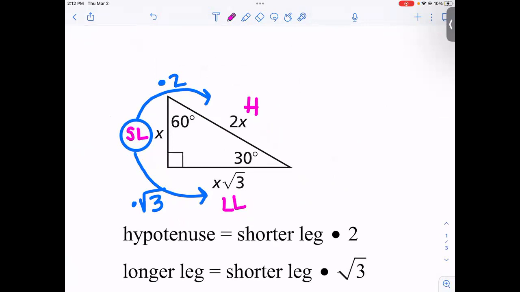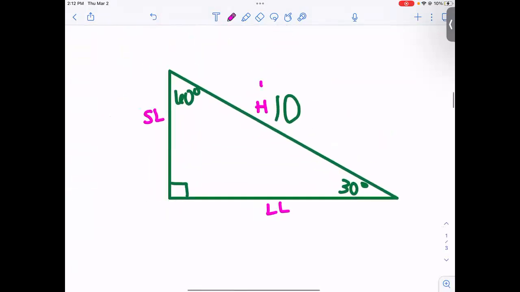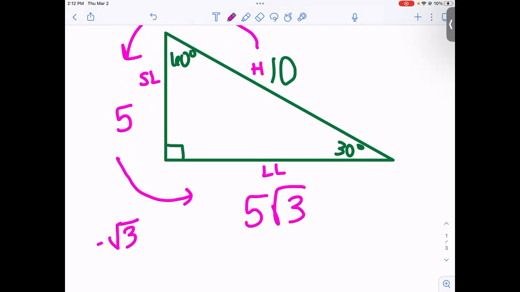We have to divide by 2. Once we have the short leg, now we can get to the long leg. Why'd you write divide by 3? That's a multiply.